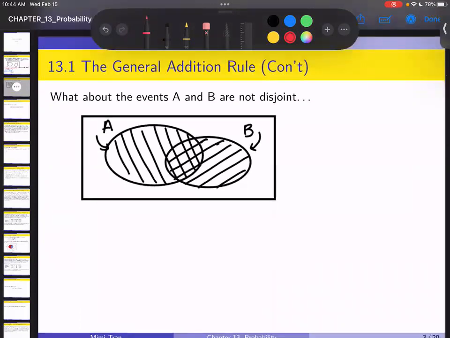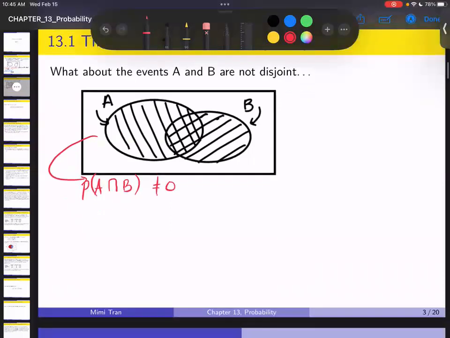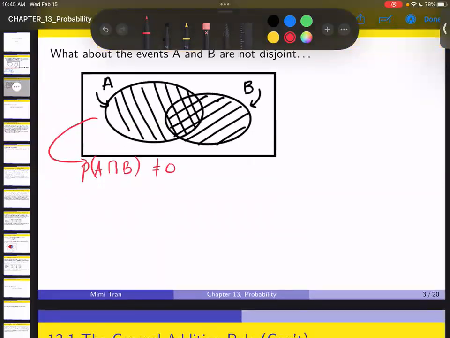So now, if you look at the picture, I know the P of A and B is equal to some probability, but it's not 0, right? It's no longer 0. And then furthermore, let me write in blue. Furthermore, I know that P of A or B, the union P of A union B, is equal to P of A plus P of B, but then you have to subtract what?